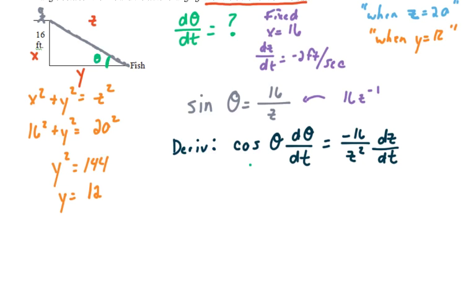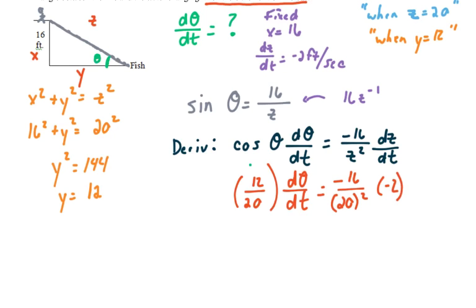All right, so I'll go ahead and plug in my values for cosine. So cosine of theta is going to be the adjacent over the hypotenuse. So adjacent was 12, hypotenuse is 20, d theta dt. And then I'm plugging stuff in over here as well. So negative 16 over z squared, and then dz dt was given to me as negative 2.